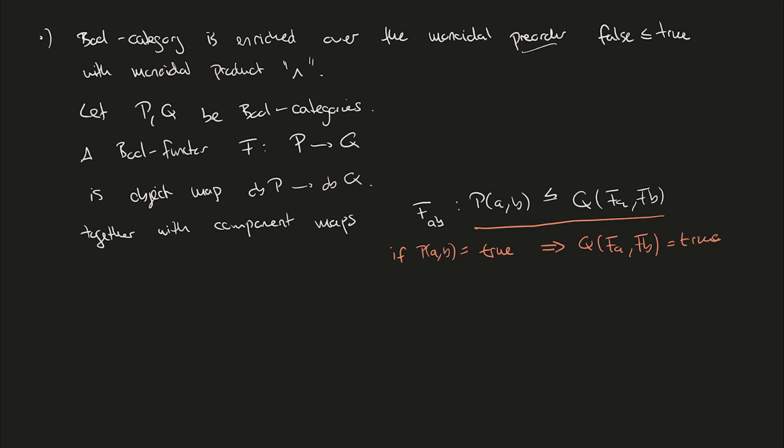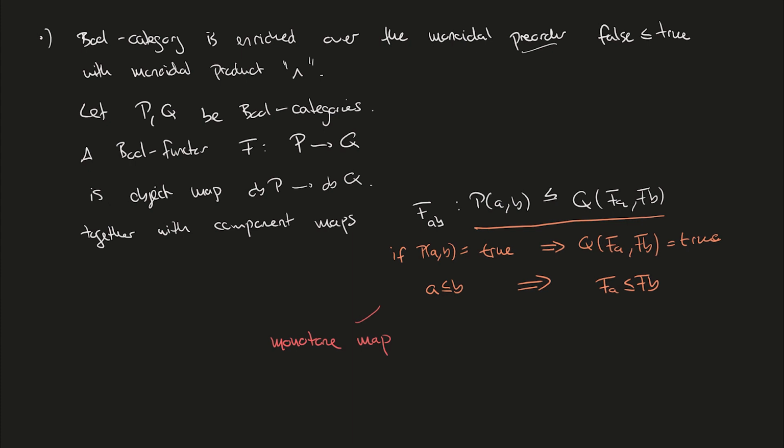And we recall that we interpreted P(A,B) being true as A being less than or equal to B. And consequently on the other side, we have F(A) being less than or equal to F(B). And so this condition is saying that if A is less than or equal to B in P, then we have F(A) being less than or equal to F(B) in Q, and this is just the condition for a monotone map between preorders.